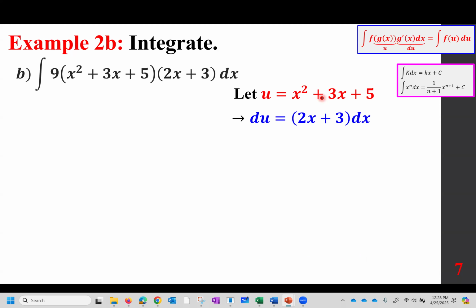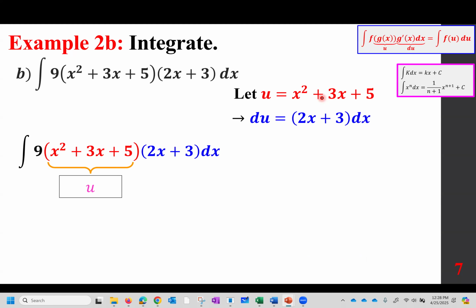So we notice this is u, x squared plus 3x plus 5. And this part, 2x plus 3 times dx, is du.